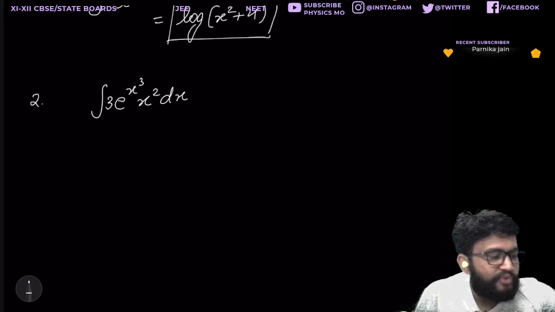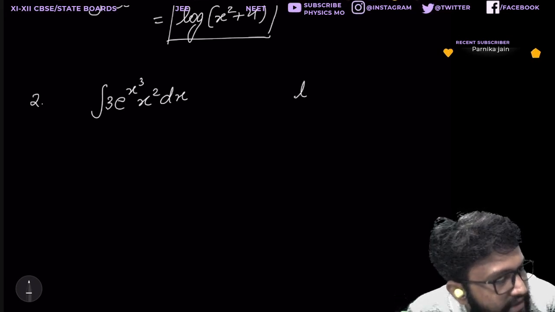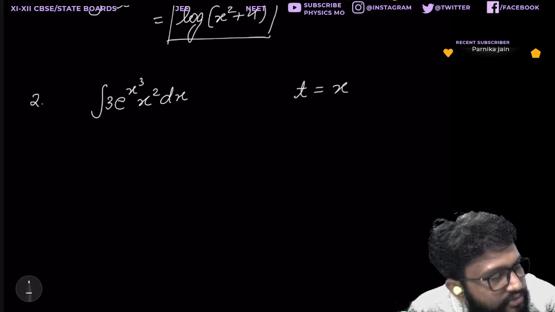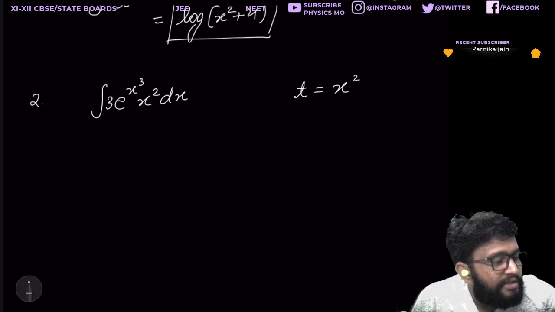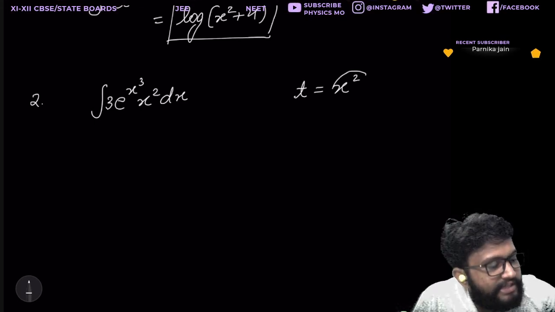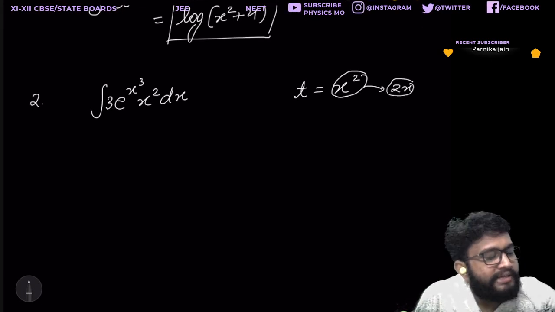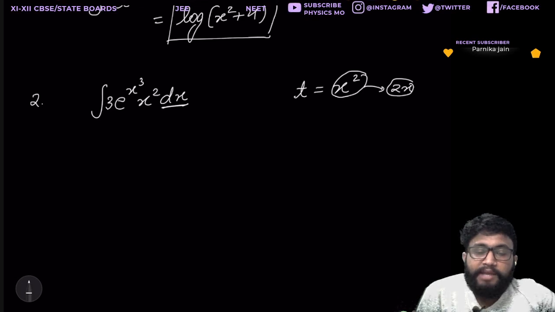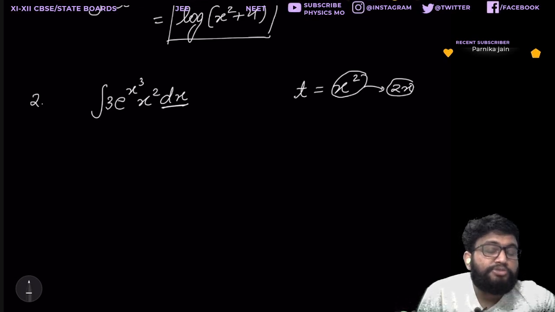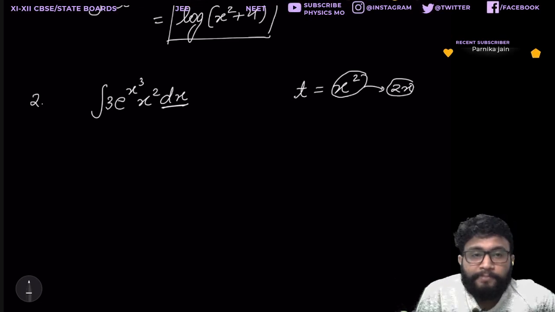Let's take x square. So if I take t is equals to x square, the differentiation of x square is 2x, but I am not finding this 2x in multiplication with dx. We need a function whose differentiation is in multiplication with dx.